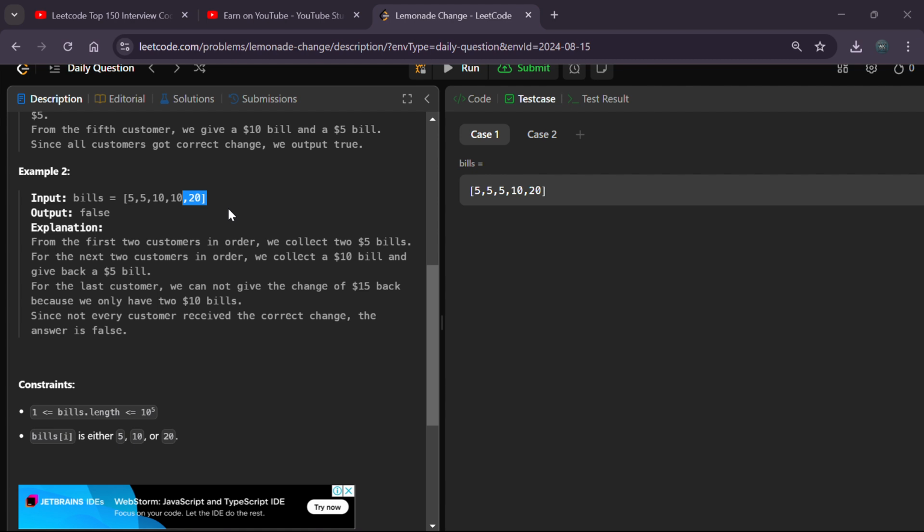But in our pocket we have only $10 bills with frequency 2. In any case we couldn't give him a $5 bill because we are left with only $10 bills, right? So in this transaction we fail. We are unable to return him a $5 bill. So we have to return false, right?